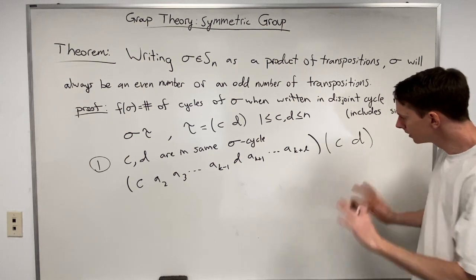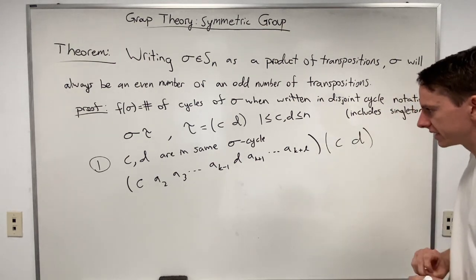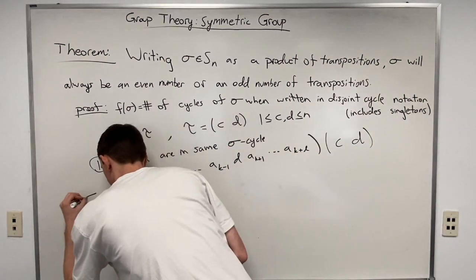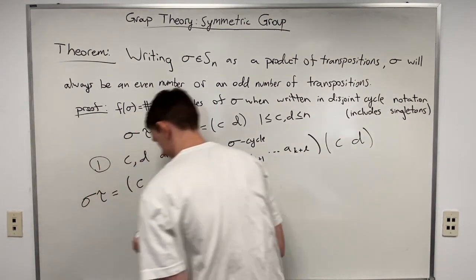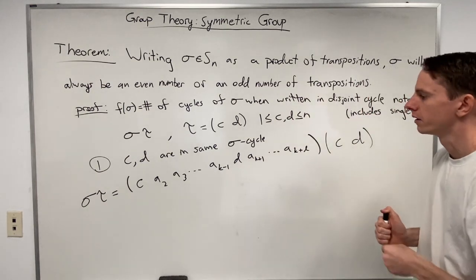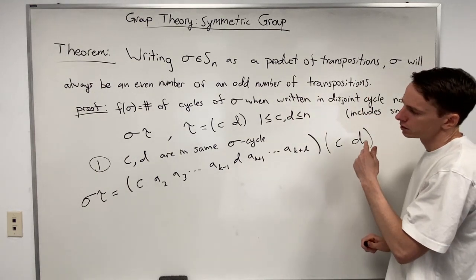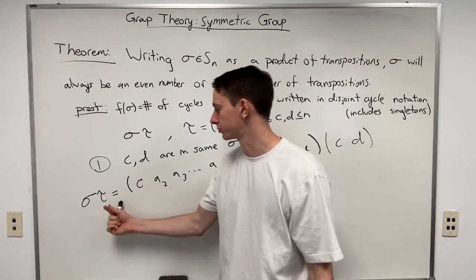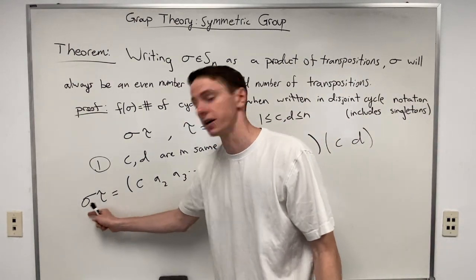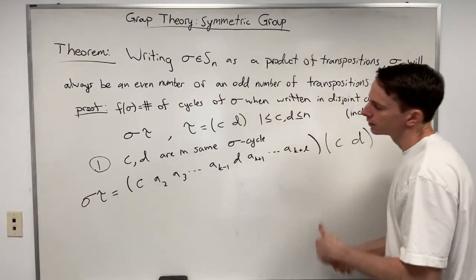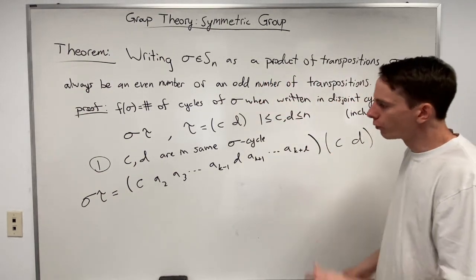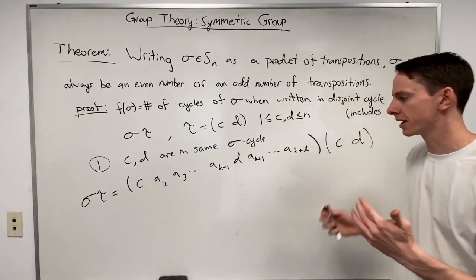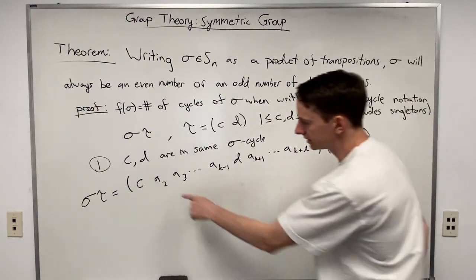Hopefully it makes sense that if we say this is sigma tau, and we ask what the possible outputs are for various inputs of this permutation, then for pretty much any of these a values, we get what we'd expect.